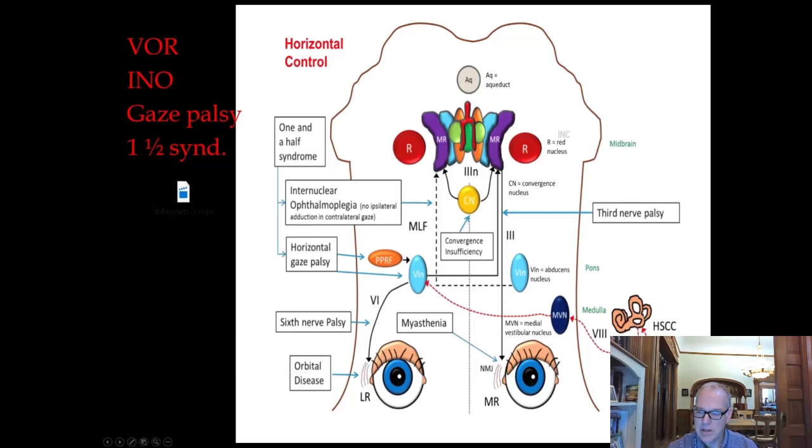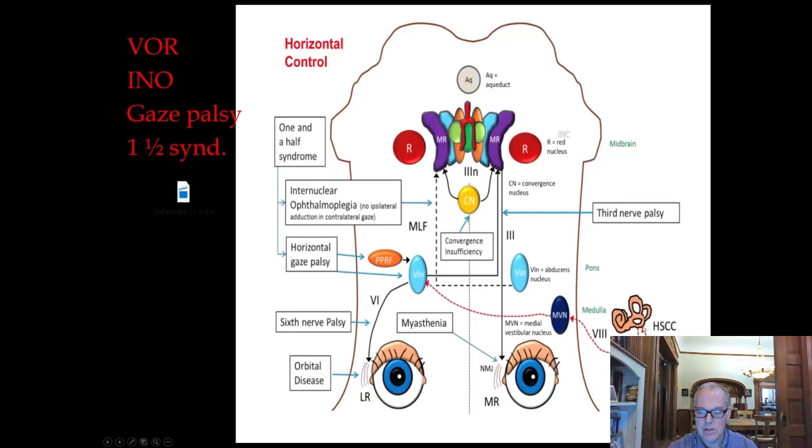And this information then electrically is carried into the brainstem via the 8th nerve. Okay, and as it relates to turning your head side to side, the medial vestibular nucleus receives that information. So notice in this case, patient's turning their head to the left, and so the eyes in that case want to go to the right.